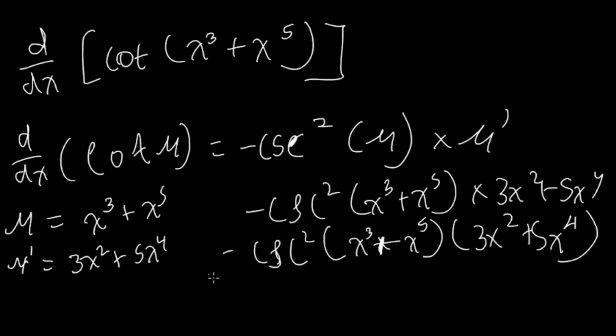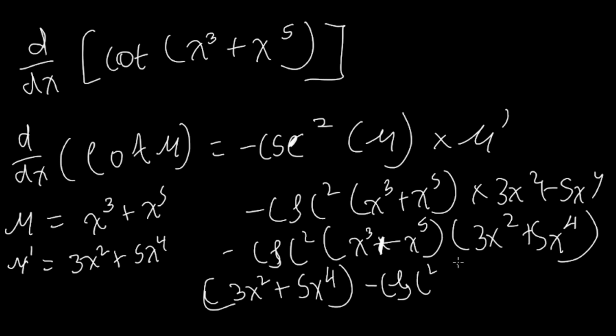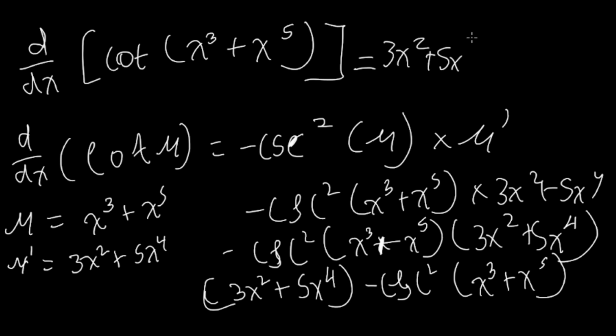We should take that to the other side. That's 3x squared plus 5x to the power of 4 times negative cosecant squared times x cubed plus x to the power of 5 being our final answer.